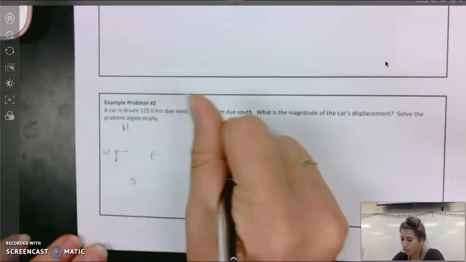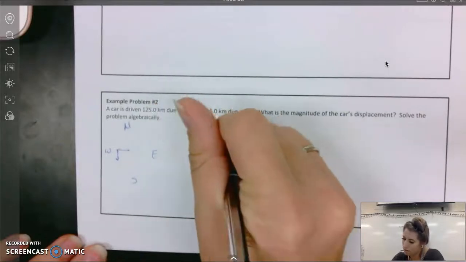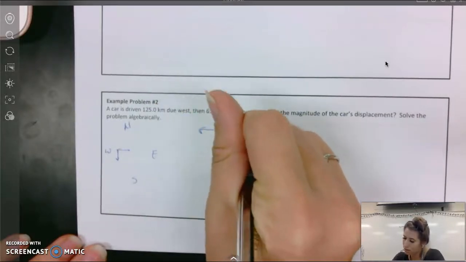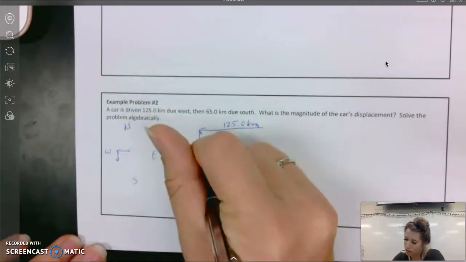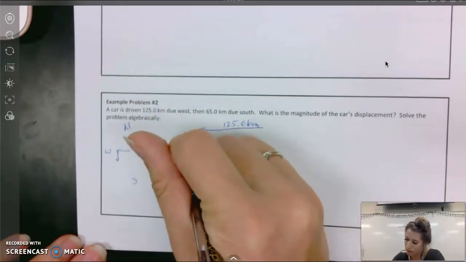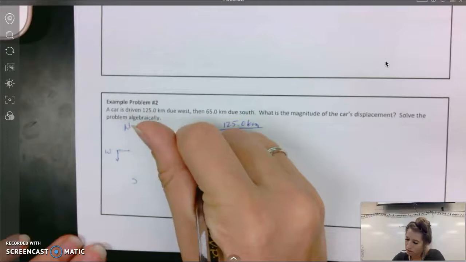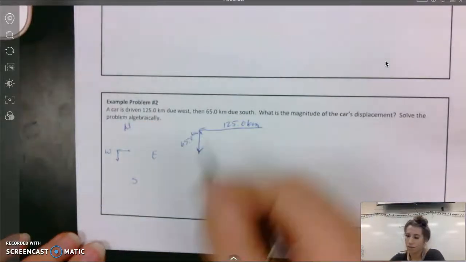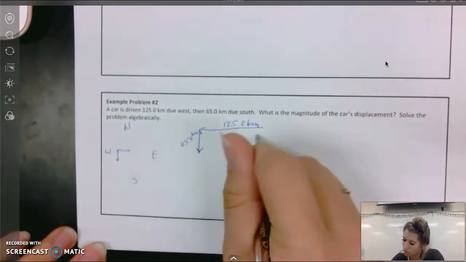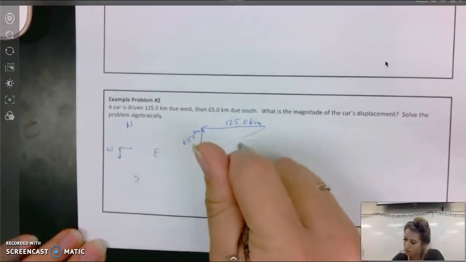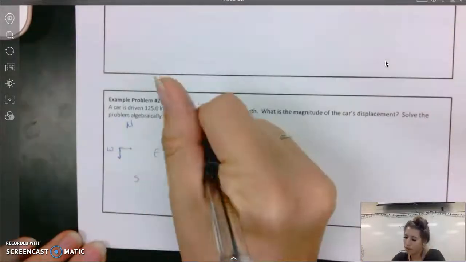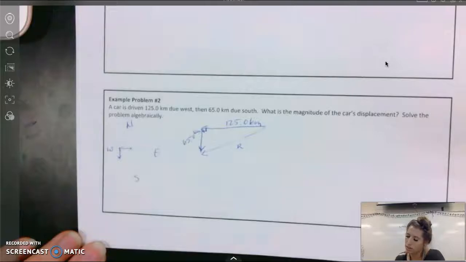So we have 125 kilometers west, and then about half of that, 65 kilometers south. And our resultant is right there.